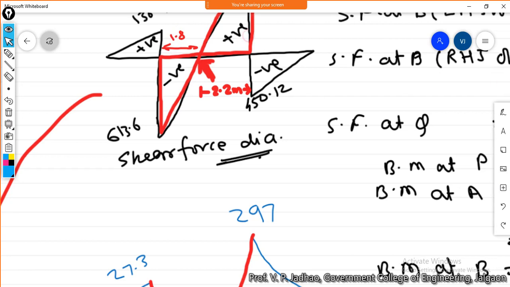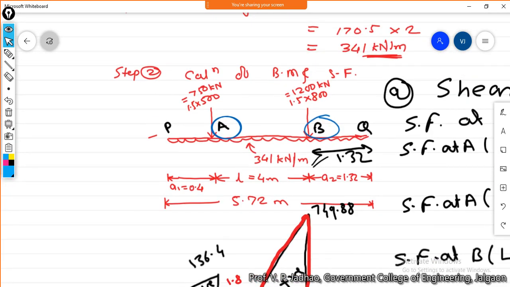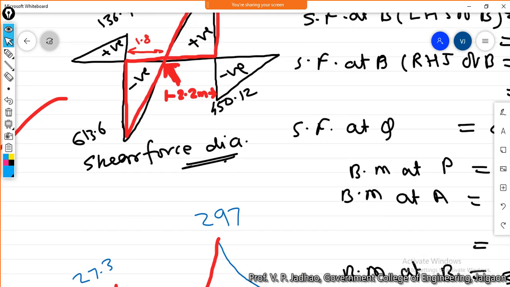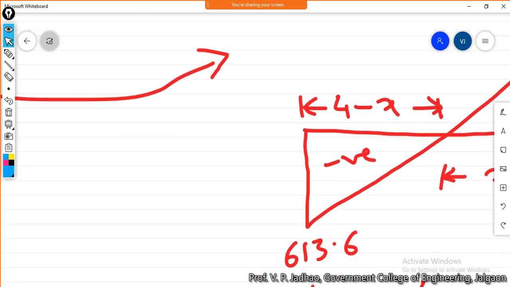So the maximum bending moment will be at a distance 1.8 meter from the support A. So maximum bending moment will be acting something here. Now we have to calculate the maximum bending moment.